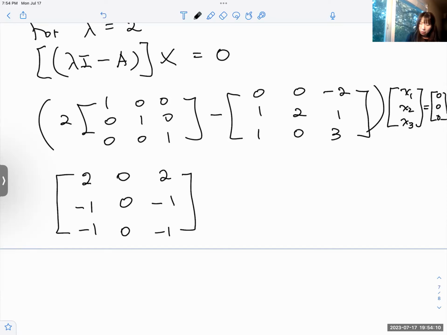So we have x of 1, x of 2, x of 3 equal to 0, 0, 0.